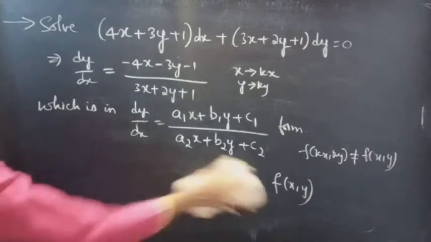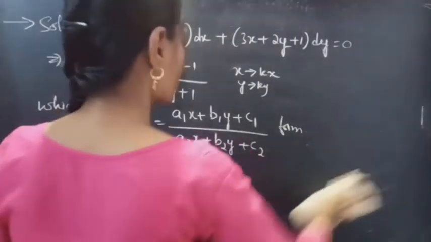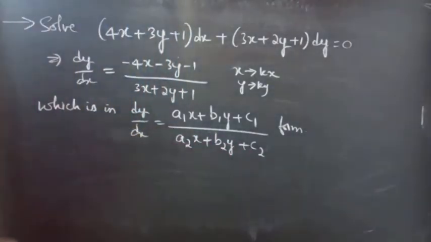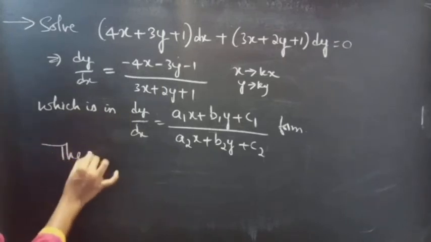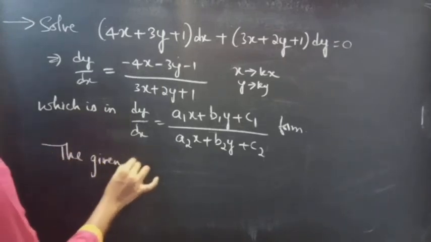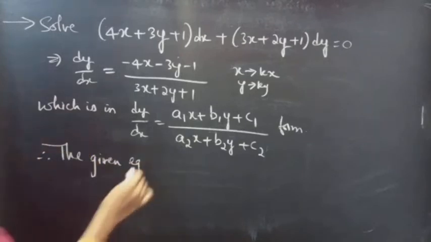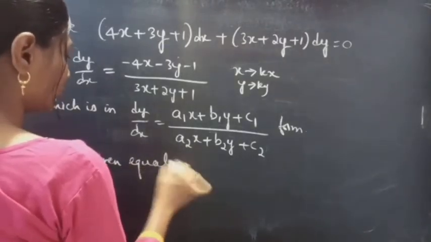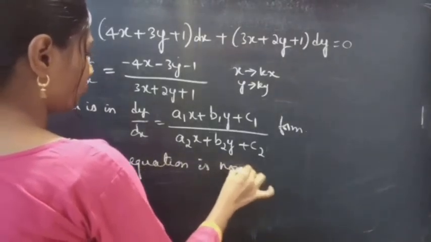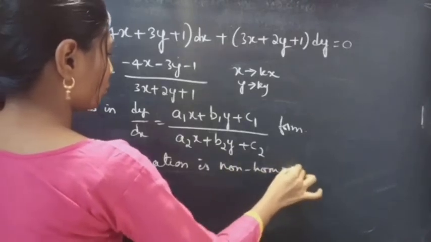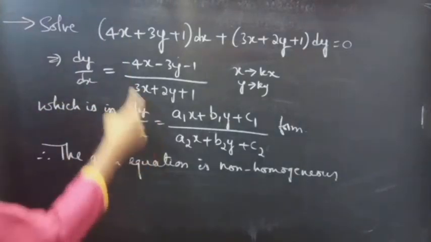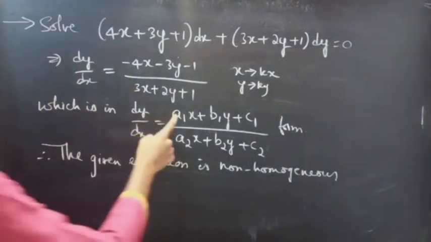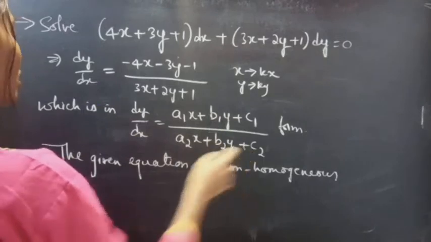So from this we can say that the given equation is a non-homogeneous differential equation, right? The given equation is non-homogeneous. Fine. Now, by comparing these two, we'll get the values of a1, b1, c1, a2, b2, c2, right?